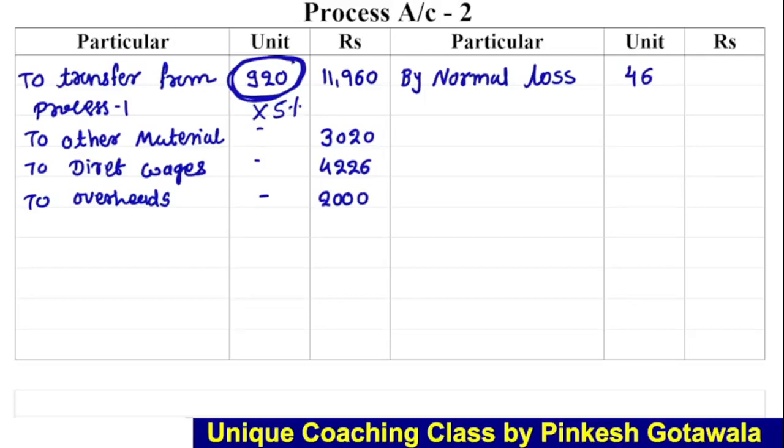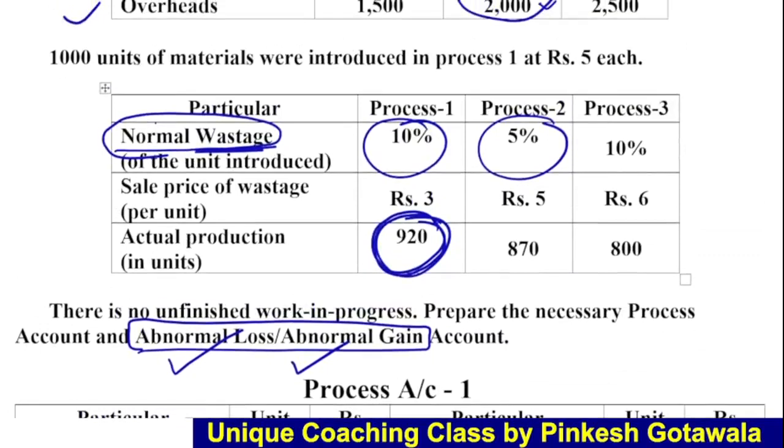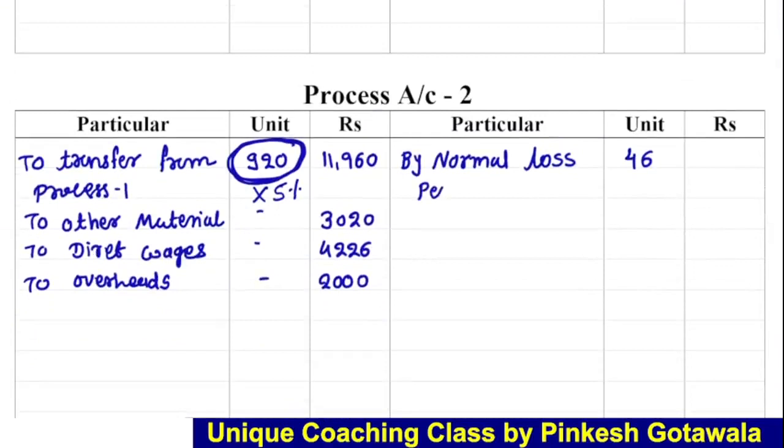Now what do we do with this? We sell this loss wastage. Here the sales price is given in process 2, that is 5 rupees per unit. So 5 into 46, it will be 230.